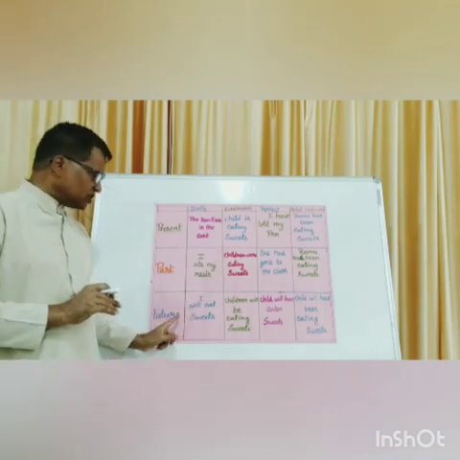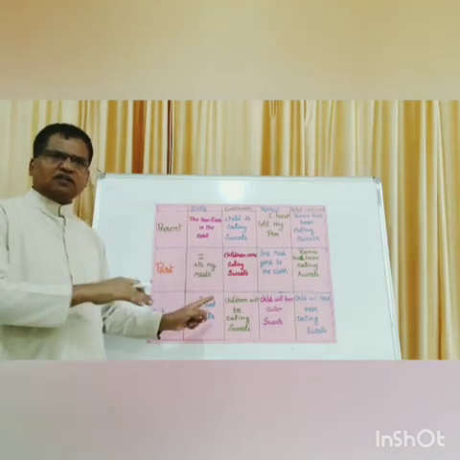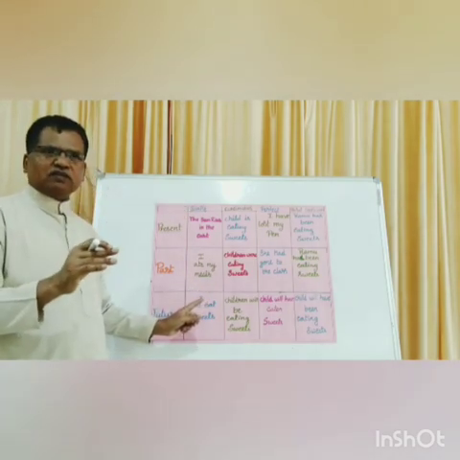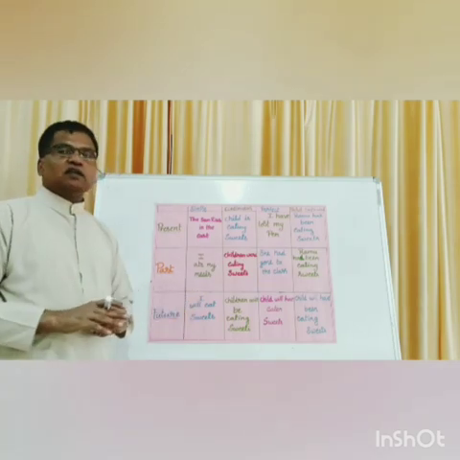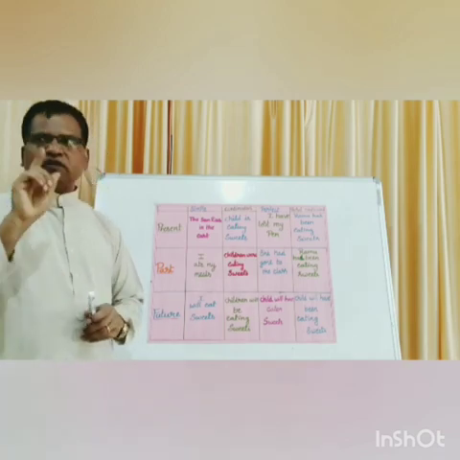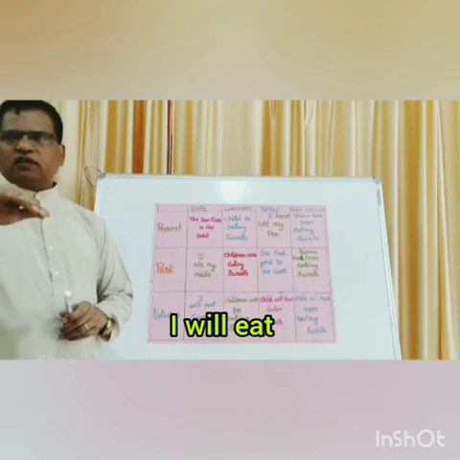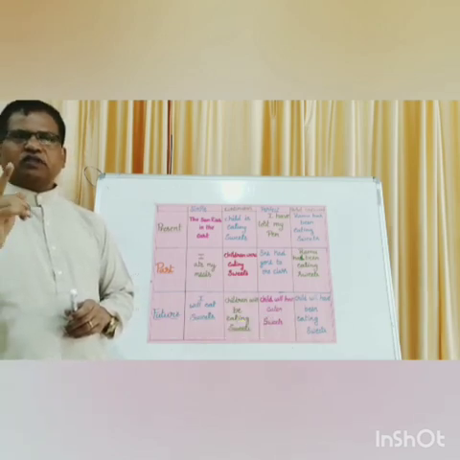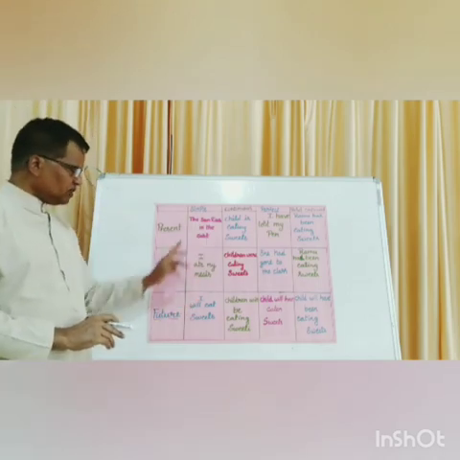Now, in future simple, any subject you put, I, they, she, it, whatever, will comes. I will, she will. Whichever subject, will. Then the present form of the verb, V1, will come. I will eat. She will sleep. Not like that. The present form of the verb. That is future simple or simple future.